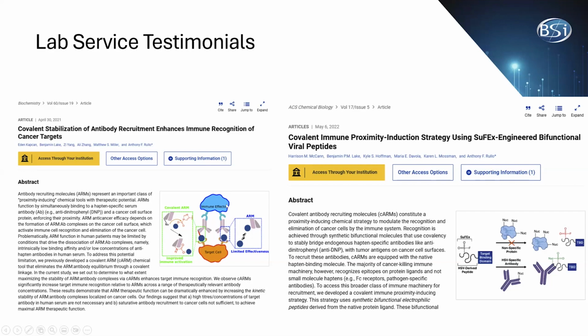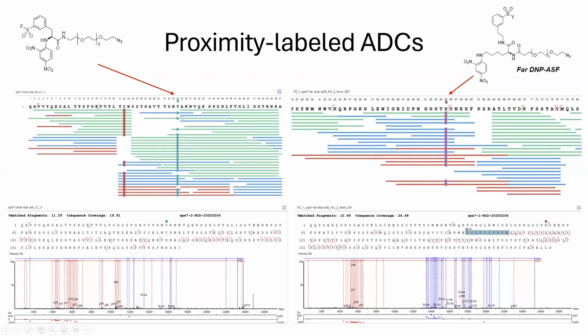And so they've published a number of papers on this technology that they've developed, and they've used our lab services in order to validate that the antibody has been conjugated and to localize the conjugation site. And so we were able to do this for them.